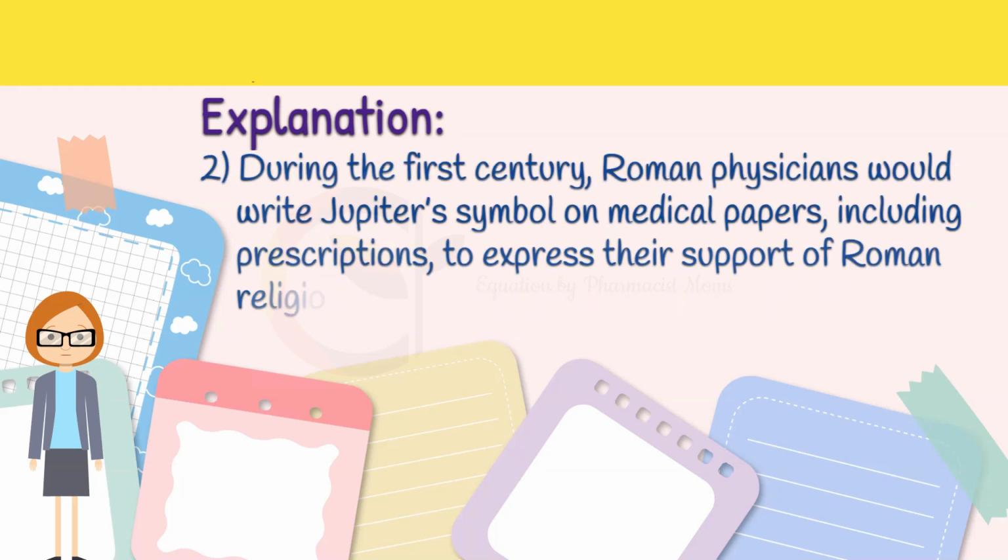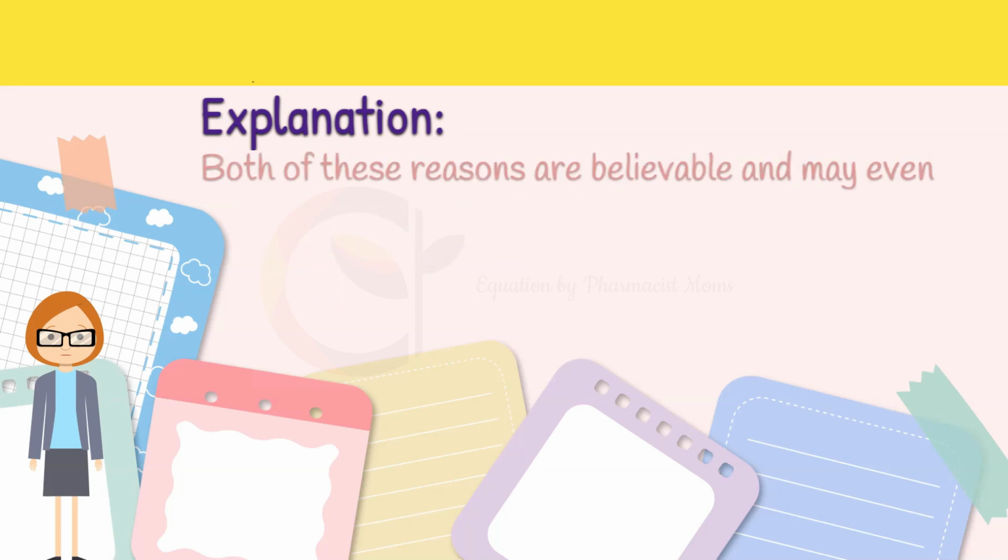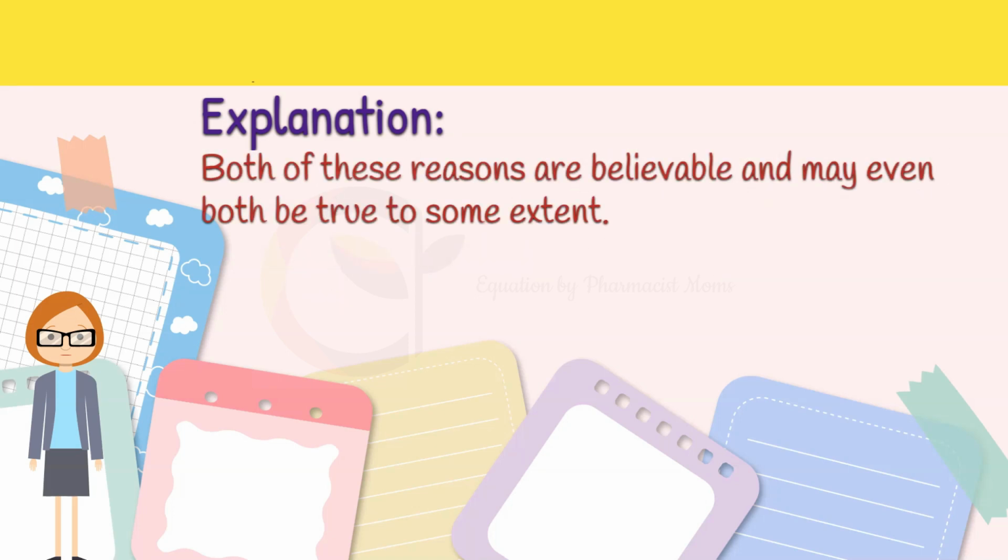The second explanation is that during the 1st century, Roman physicians would write Jupiter's symbol on medical papers, including prescriptions, to express their support of Roman religion. Both of these reasons are believable and may even both be true to some extent.